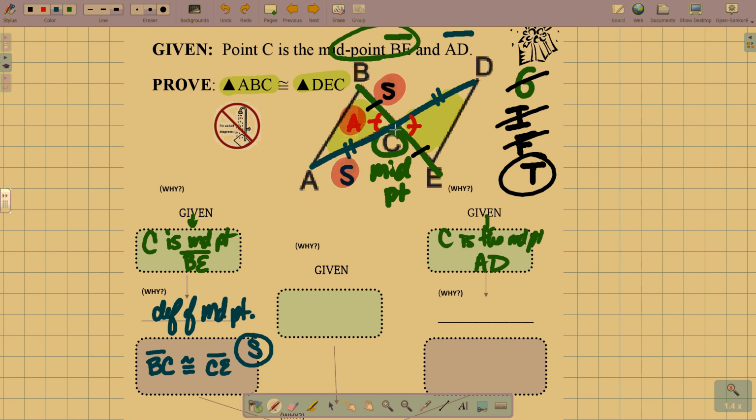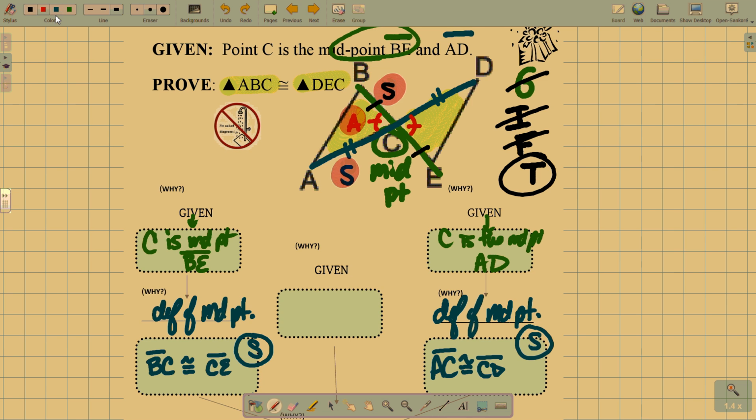Coming over here, I know because of that midpoint of AD, A to C is congruent to C to D. That gave me another pair of sides. Angles. Now you can name the angles if you want. You have to be careful you align the vertices.